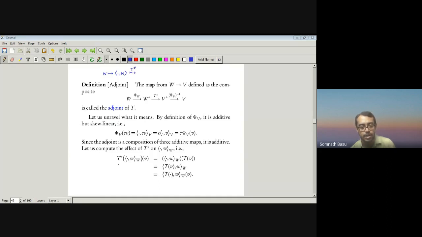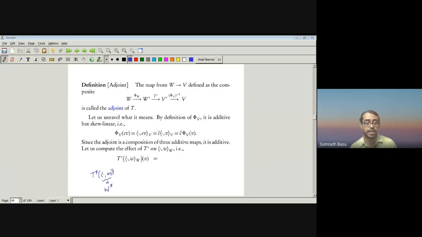So how do I calculate T star of this quantity? Let me go back once more. I am interested in calculating T star of this element, which is an element of the dual space W star. Is this clear? This is what I'm interested in. But how do I evaluate this?